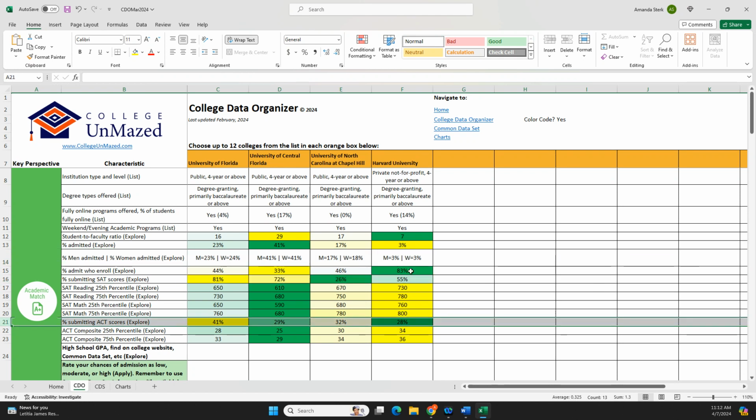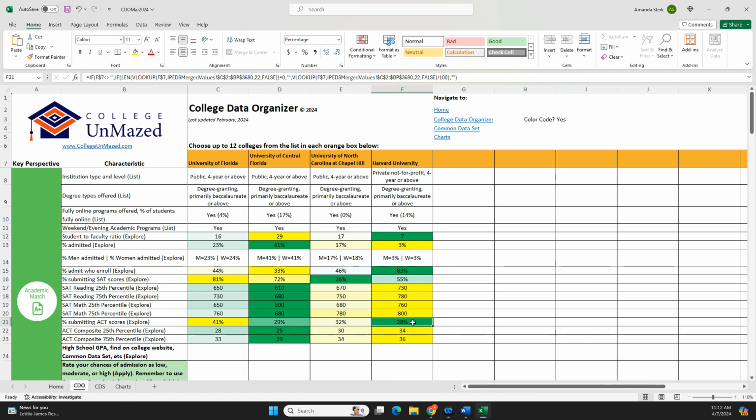So, for example, Harvard has a test optional policy for last year, and you can see 55% submitted SAT and 28% submitted ACT. Now, those are students who actually enrolled, admitted, and were enrolled in the college. So when you're looking at, what was that, 3% of students are actually coming in without test scores.